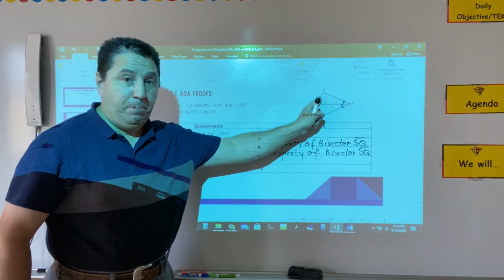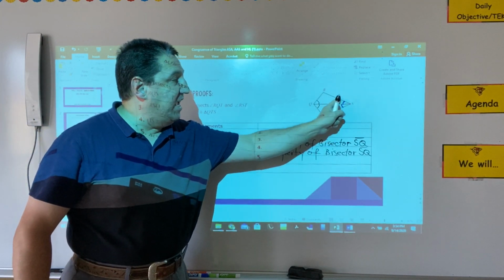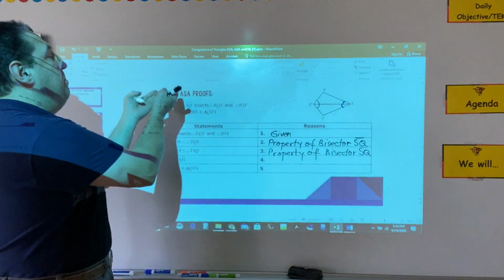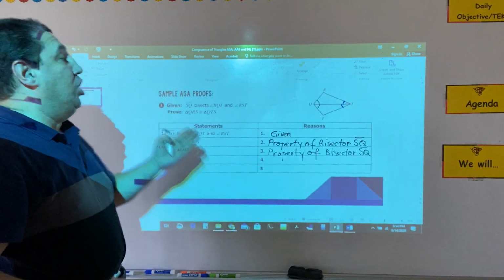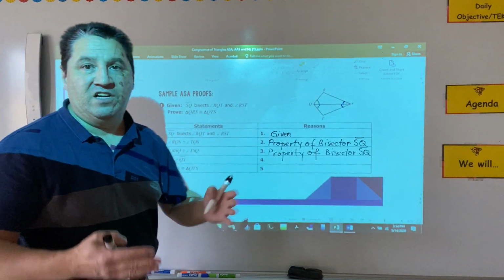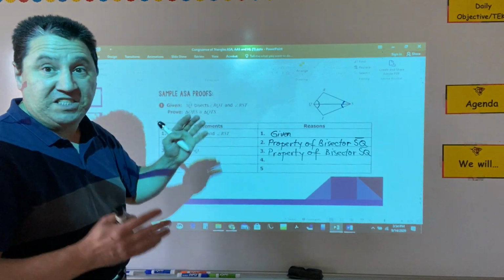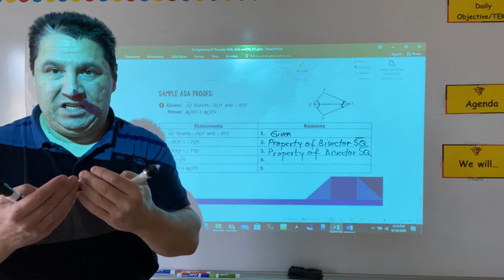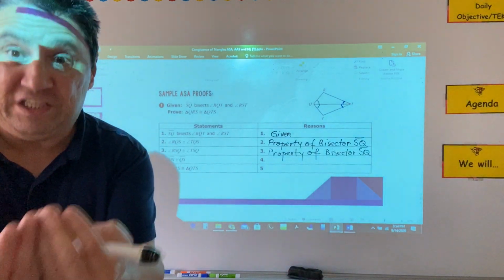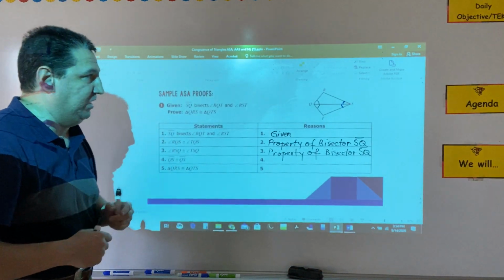This is the first pair of A, this is the second pair of A. What is missing in this case to prove these triangles are congruent is a pair of corresponding sides. So we have to find this pair of corresponding sides.